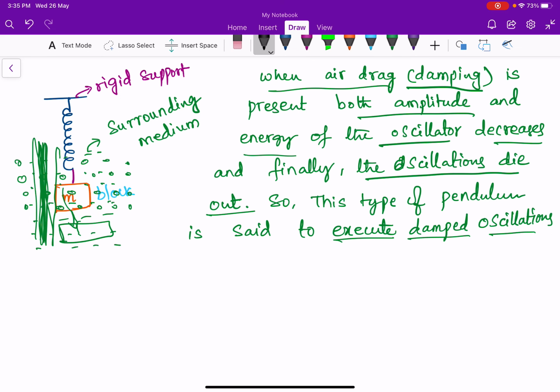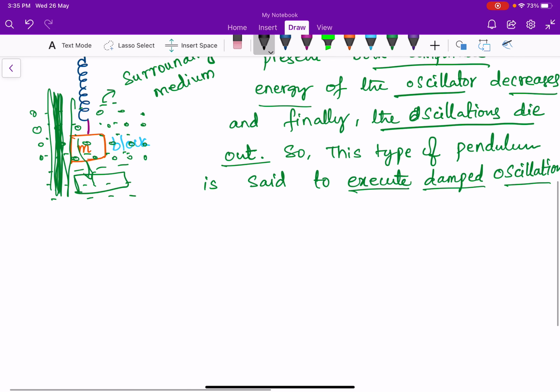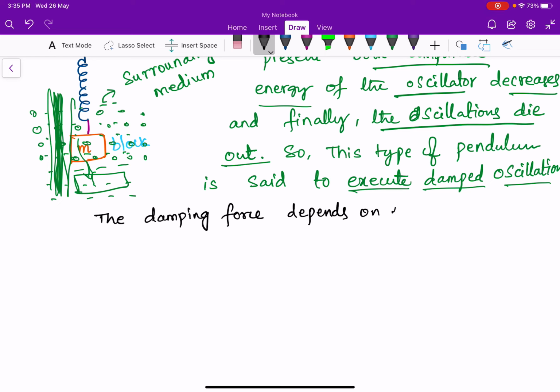Here the damping force, or air drag, or frictional force, depends on the nature of the surrounding medium. First point: the damping force depends on the nature of the surrounding medium.